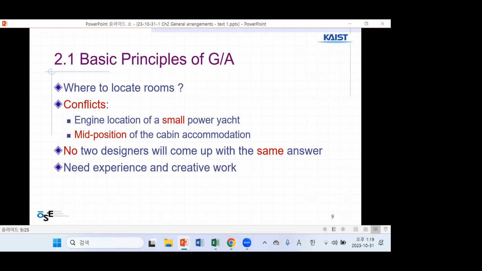But for the crew members or owner, they want to stay in the middle because the rolling or heeling motion is smaller in the middle of the ship. So in all design, even among designers, you will not have the same answer. So much experience and creativity is required.